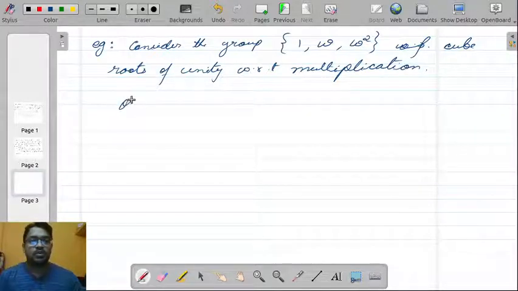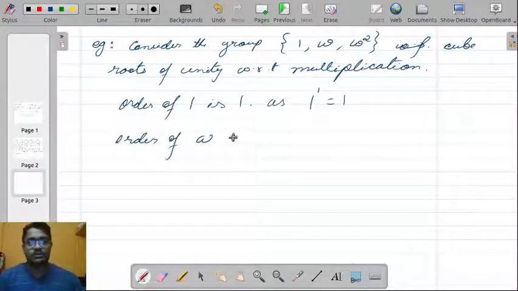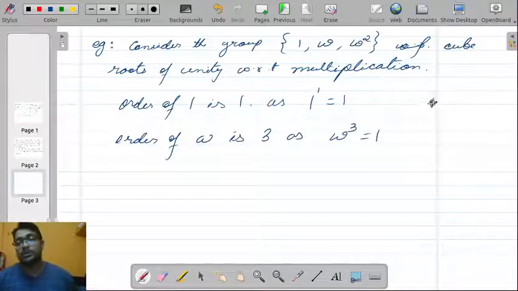Then the order of 1 is 1 only, as 1 to the power 1 is equal to 1. The order of omega is 3, as omega to the power 3 equals 1. Omega cube is 1.